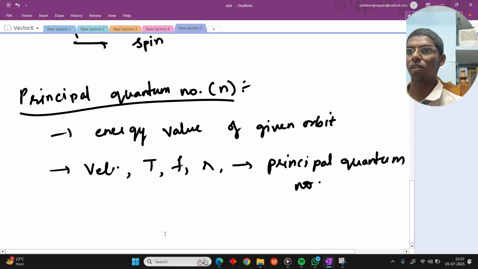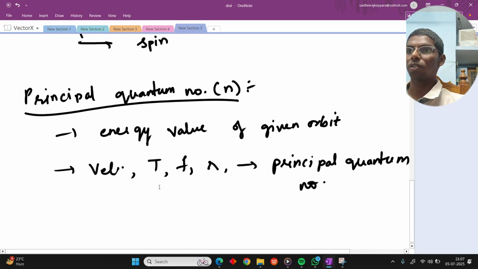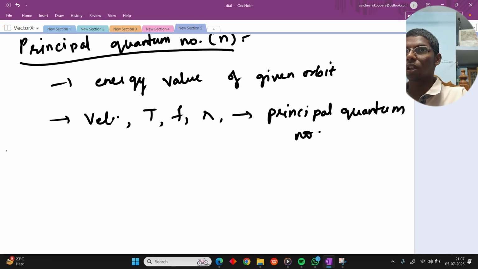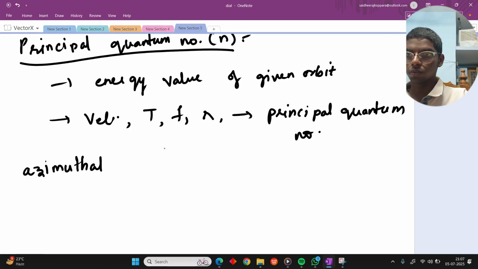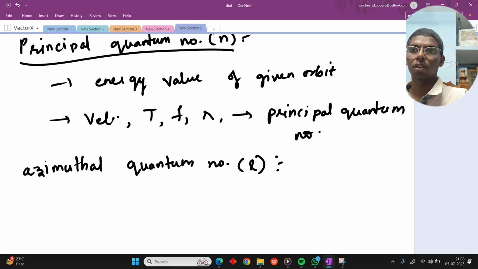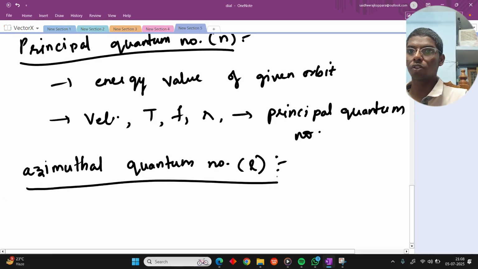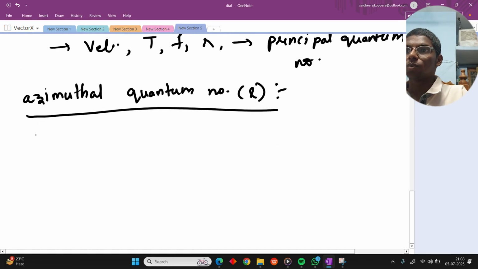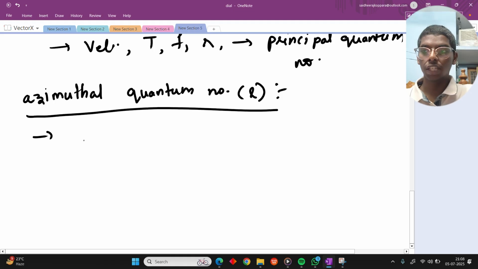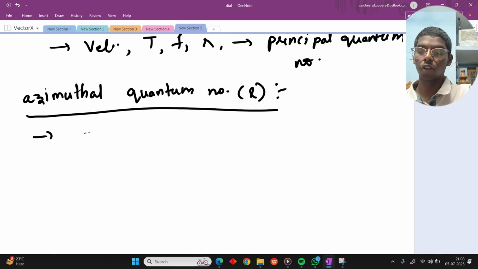Next one is the azimuthal quantum number. It's represented by l. It was proposed by Sommerfeld. It tells about the shape of the given orbital.